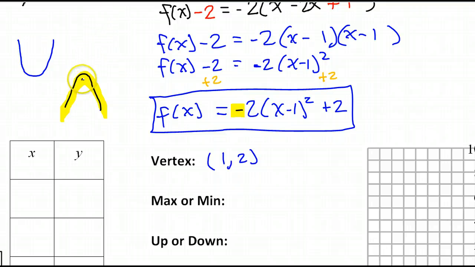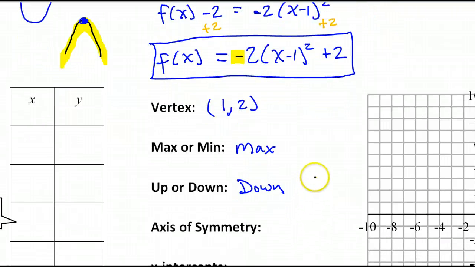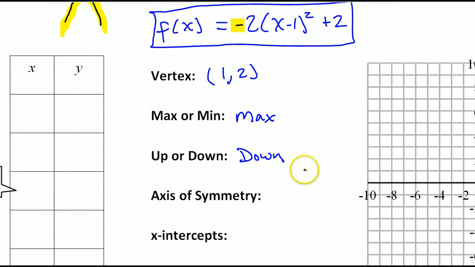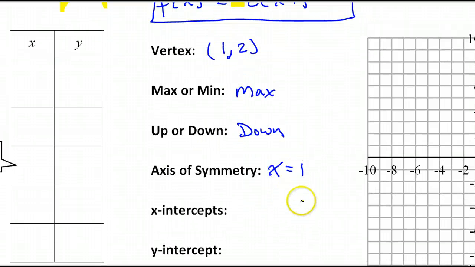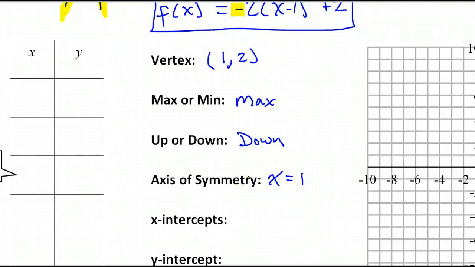Okay, that means, alright, so first of all, it's facing down. And that means the vertex, which would be like here, is going to be a maximum. Alright, so our vertex is a maximum because the parabola is facing down. Now, the axis of symmetry will be x equals 1 because of that. Now, the x-intercepts and such can wait until we do the graph.